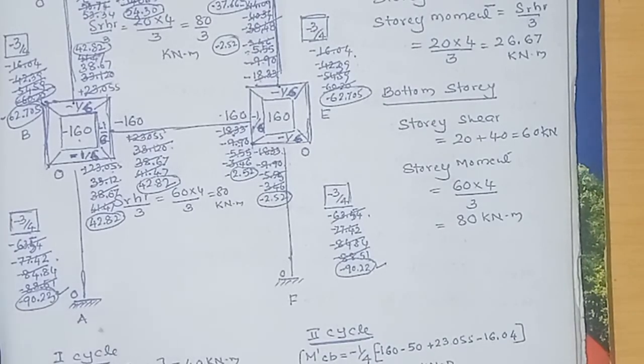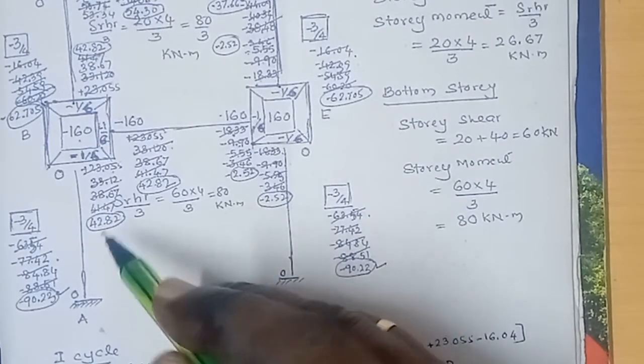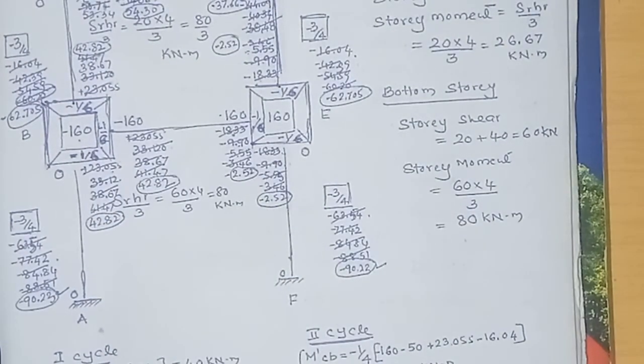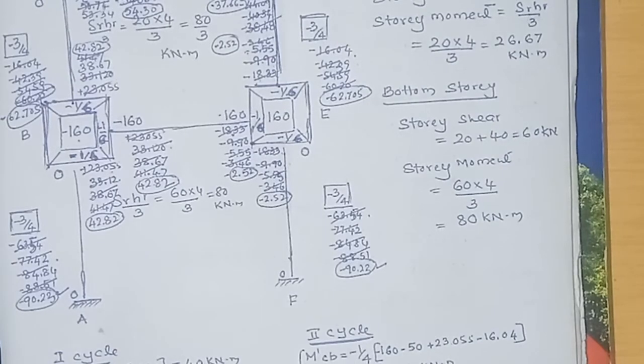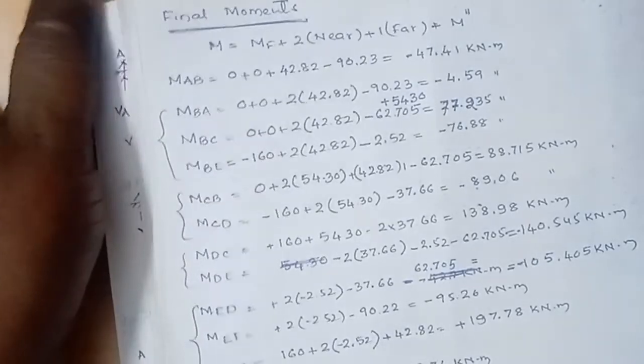Then the process is repeated until the previous cycle values and the next cycle values are similar. After 3 or 4 cycles, you will get the accurate results.